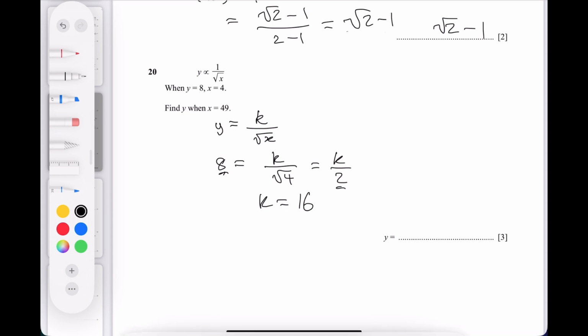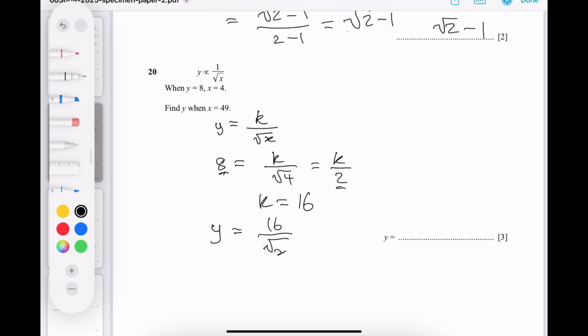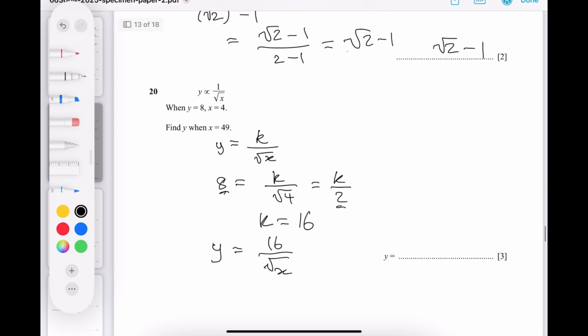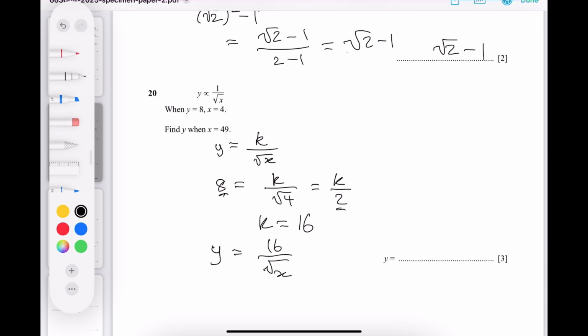So now we know that y is in fact just equal to 16 over root x. So now find y when x is 49. All we do is substitute in 49 here. And of course the root of 49 is just 7. So therefore y is equal to 16 over 7. And that's our answer.